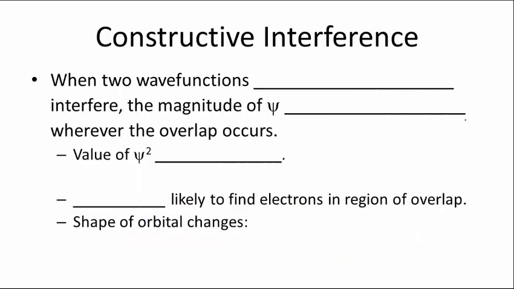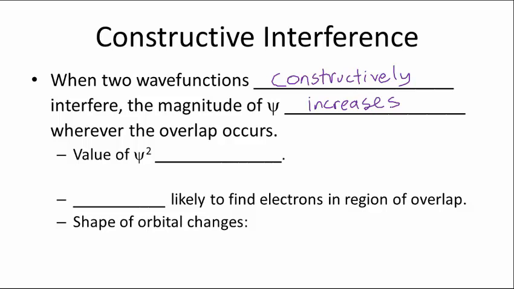So in general, when two wave functions constructively interfere, the magnitude of the wave function increases wherever they're overlapping.